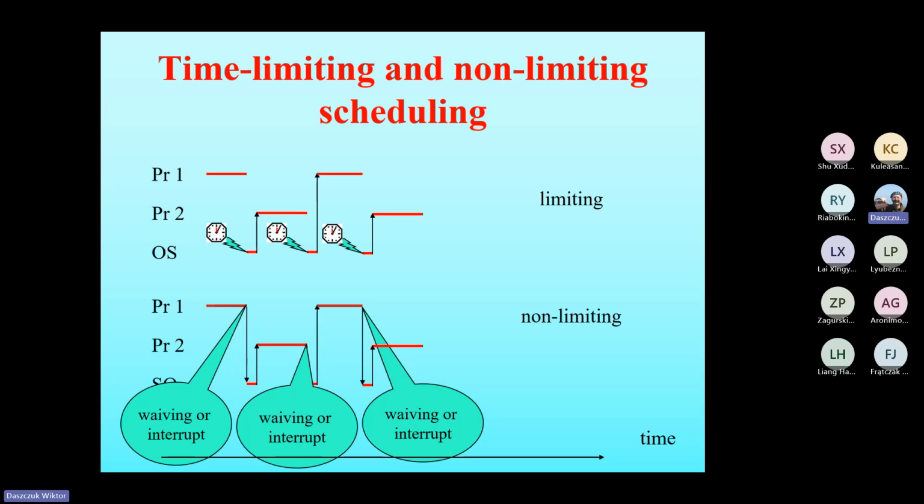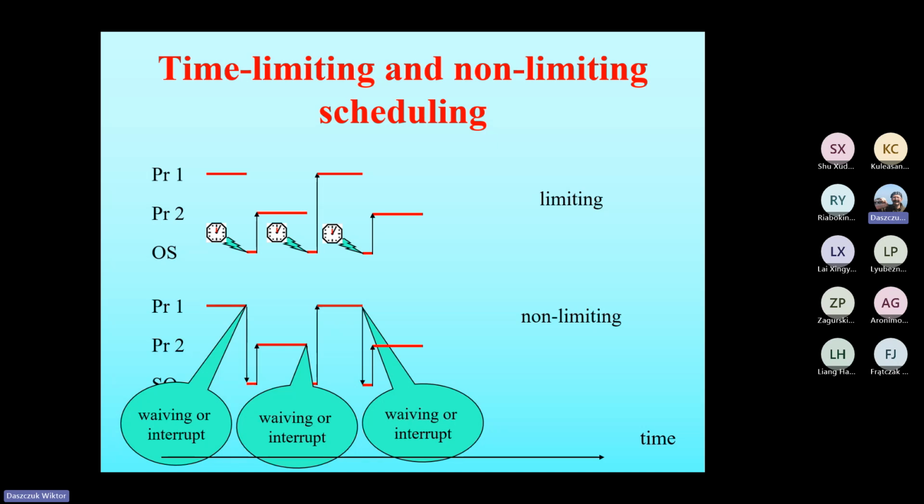Preemption is taking back the resource from the process, not because of time limit, but because of some other reasons. If it is time limit, it's not preemption, it's limiting the time, because typically when we limit the time, we can allocate this time again in the future, like this.